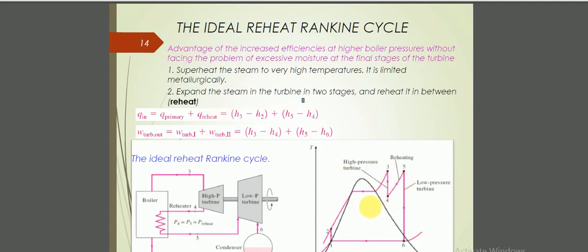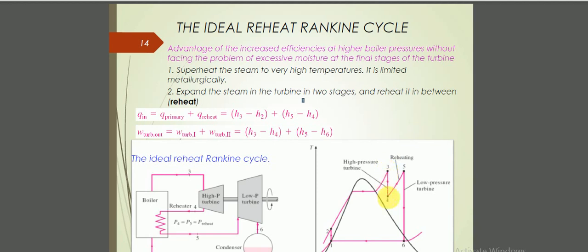In reheating, what happens is we normally superheat the steam, and there will be two types of turbine. One is the high pressure turbine, another is the low pressure turbine. In the high pressure turbine, the steam enters at a higher pressure, at 3.